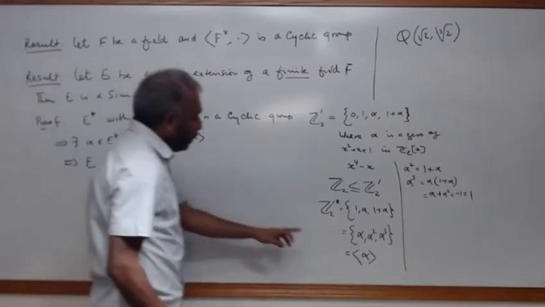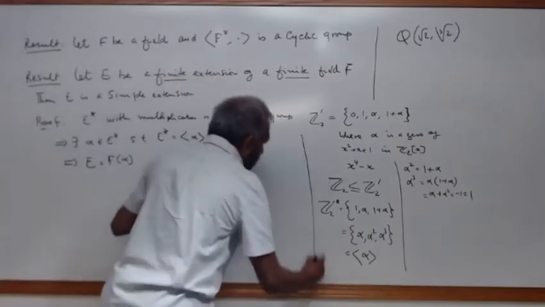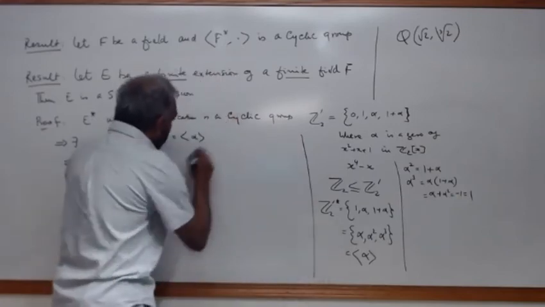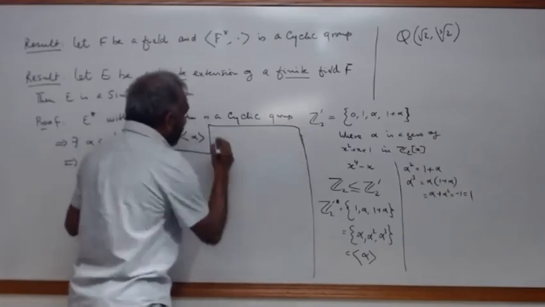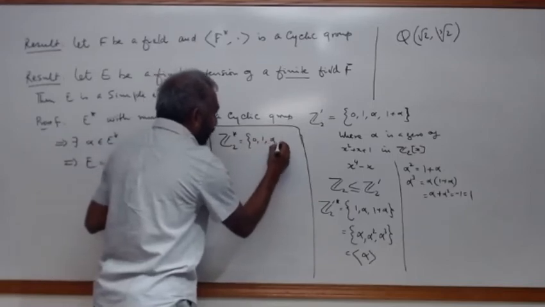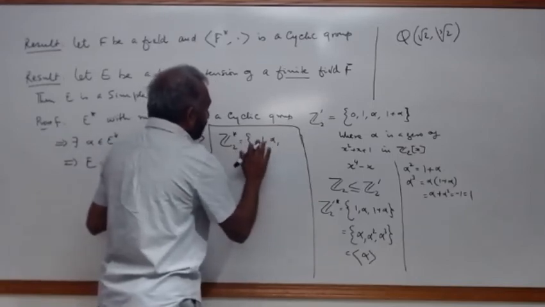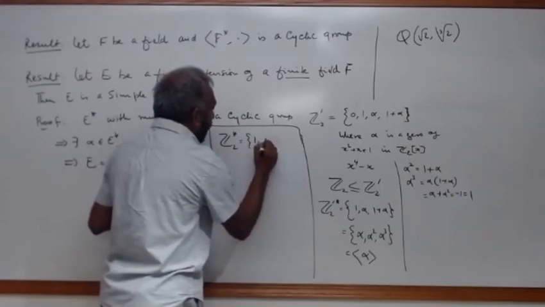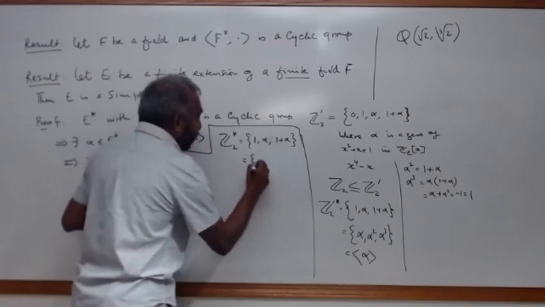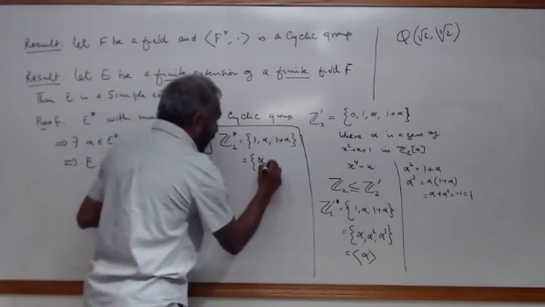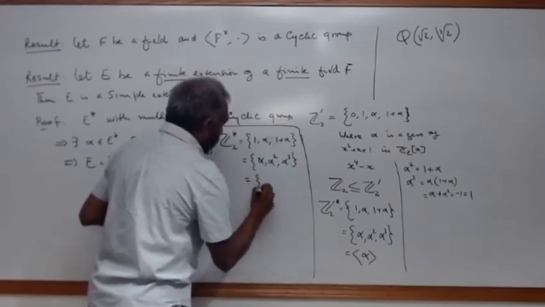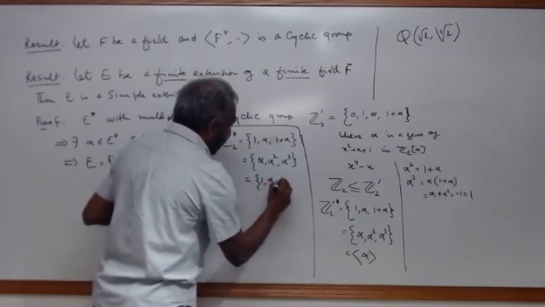Another thing I want to notice here is, see here, we mentioned Z2 prime star is equal to 1, alpha, 1 plus alpha. And that is also again equal to 1, alpha, alpha square, alpha cube. Or you can say 1, alpha, alpha square.